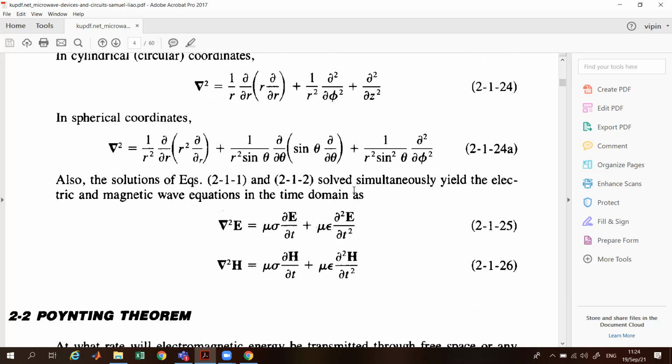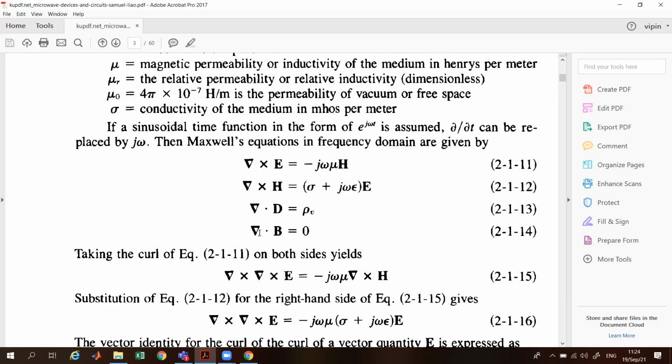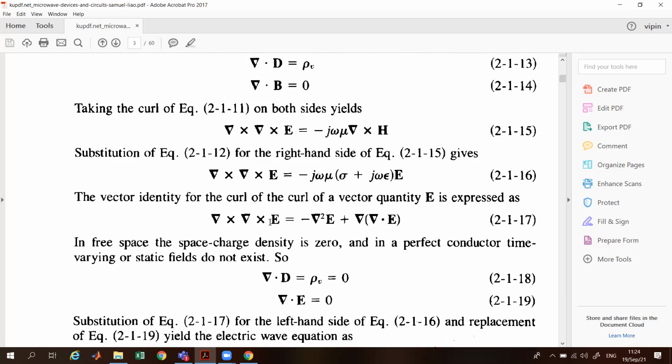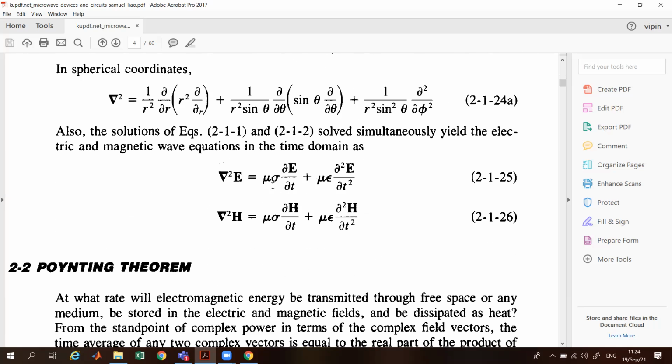Now, if we solve them, then we can say that gamma square E, we are solving this one now, will be equal to mu sigma d by dt of E vector plus mu epsilon d square E by dt square. In a similar way, curl square H vector will be equal to mu sigma d by dt of H vector plus mu epsilon d square, or the double differentiation, of H vector.